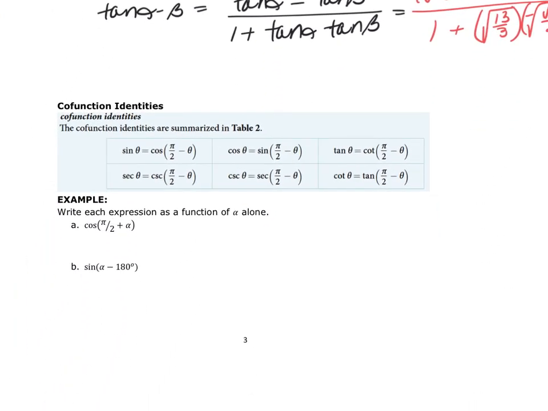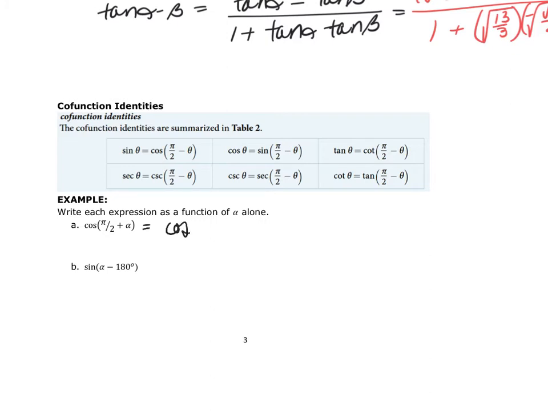Cofunctions. Let's talk about cofunctions. In this one, they want us to express the function as alpha alone, and we're going to use cofunctions. If you're not sure how to use cofunctions, that's okay. You can do it by brute force. You know the sum and difference for cosine.